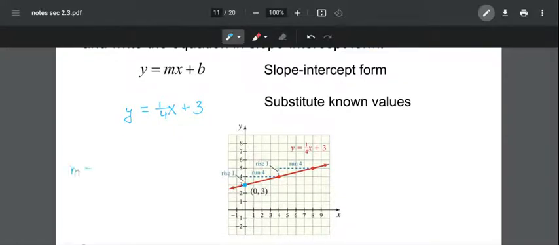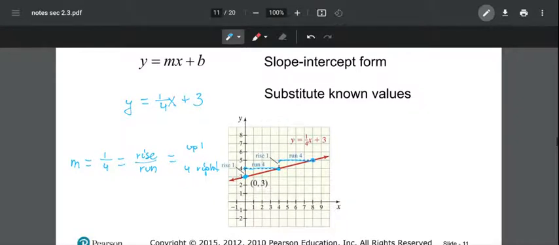The slope is equal to 1 over 4, which means rise over run. So to find an additional point from the y-intercept, you can go up 1 unit and 4 units right. So the rise is 1, 4 units to the right, and you have an additional point.